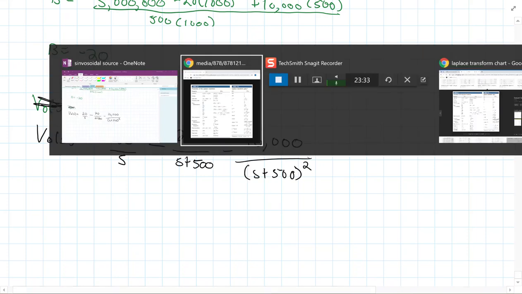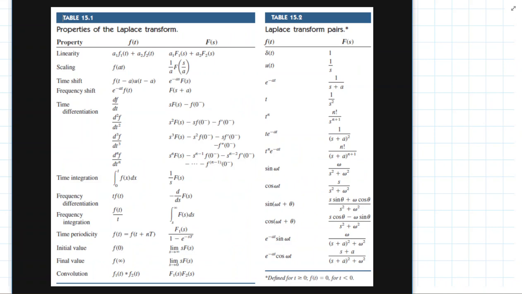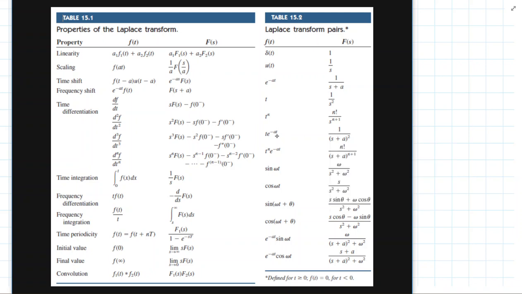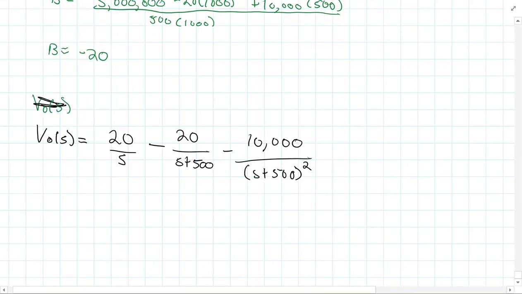And now again, going back to our Laplace transforms, we have all those. 1 over s we know is just u at t. 1 over s plus 500 is just going to get me e to the minus 500t. 1 over s plus 500 squared, which is this one right here again, is going to get me t e to the minus 500t. And so doing my inverse Laplace transform, we're going to have 20, and I'm not writing 20 u at t because I'm just going to multiply everything by u at t at the end.